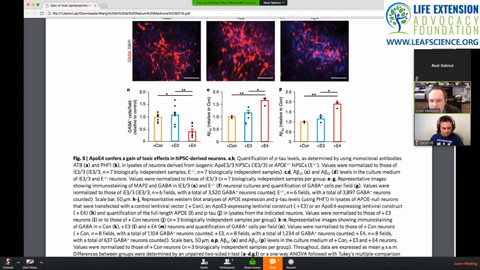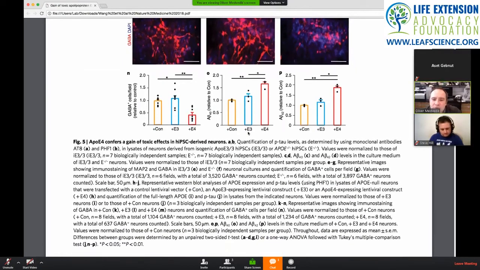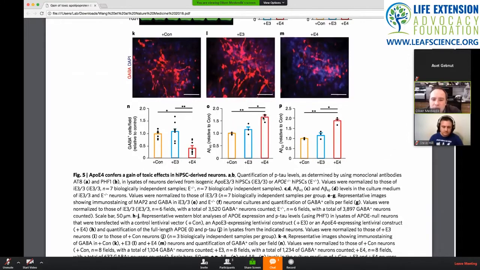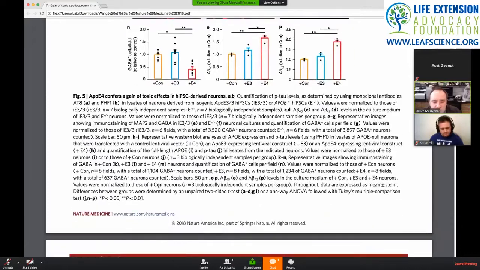And when they look in the media, they notice significantly more amyloid beta accumulated in the media versus E3 and the control, which is nothing. There's a little bit, but it's a slight increase. But again, these bars indicate they did the statistics. It's significant.